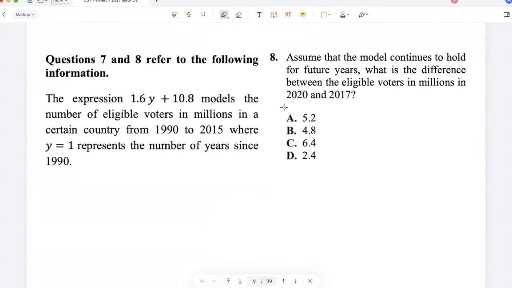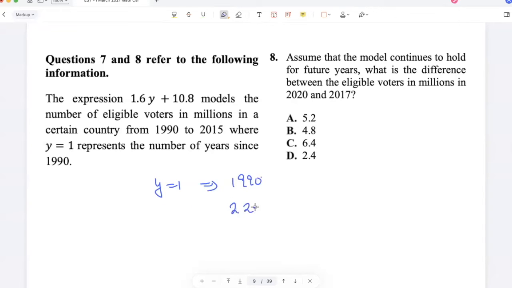Assume that the model continues to hold for future years. What is the difference between the eligible voters in millions in 2020 and 2017? Okay, so y is equal to 1 is 1990.